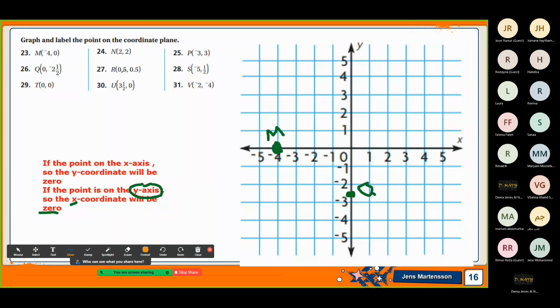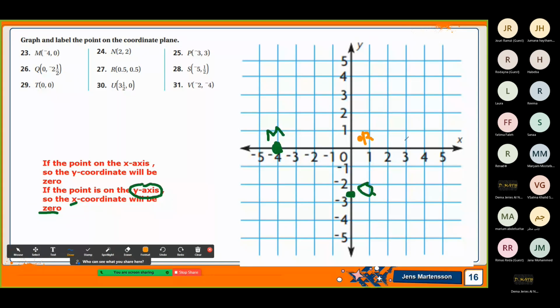No, if it's half, it's positive, so you have to go to the right. It's between 0 and 1. Bravo. Then you have to go 0.5 up, between 0 and 1. So it will be at this point here. This is R. Thank you, Fatima.